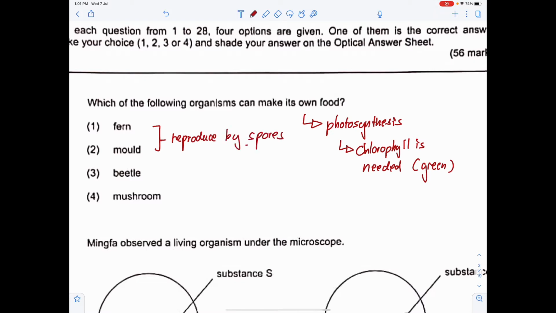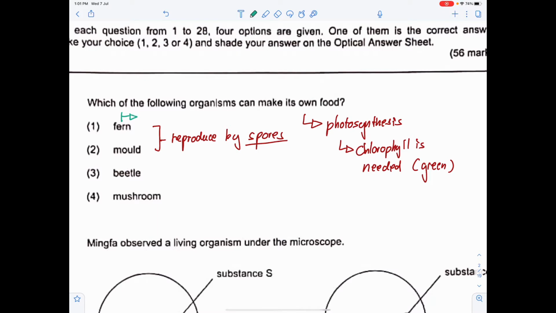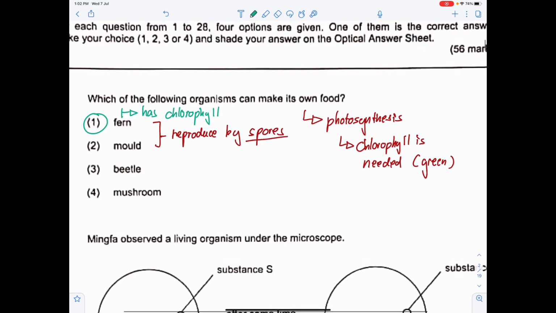Because they have this commonality, students tend to lump fern together with mold, in the sense that the fern is unable to produce its own food, which is wrong because your fern is actually green in color and contains chlorophyll. So because it has chlorophyll, it will be able to make its own food. So the answer would be number 1, your fern. Next.